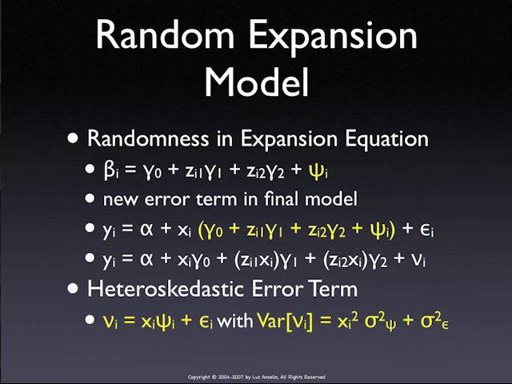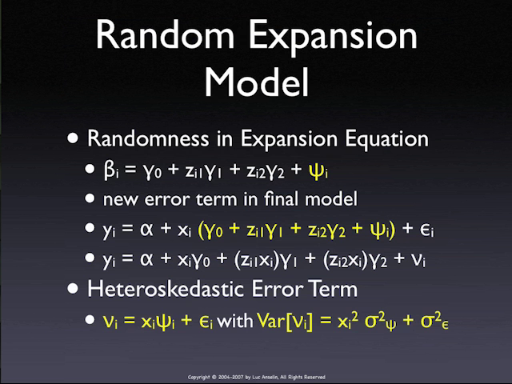So what I call the random expansion model, rather than having a deterministic expansion equation, which is beta i as a function of other covariates, we introduce some random term in there. In other words, we get around the deterministic variability of the coefficient, but we make it consist of a deterministic part and a random part. Later, when we deal with random coefficients, it will be only a random part, no deterministic part. But we'll see that basically the problem is the same.